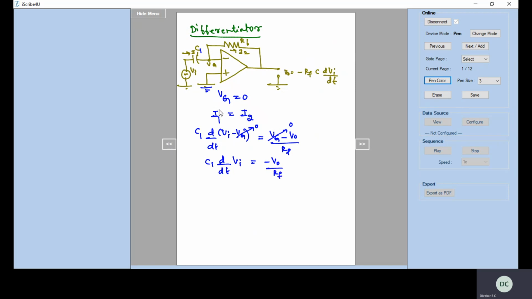But our aim is to find the output. V naught is equal to minus Rf into C1 dVi by dt. This is the output voltage for the differentiator circuit. The output voltage is the derivative of the input voltage, and thus Vout is Rf into C1 times the negative instantaneous rate of change of input voltage Vi with respect to time.